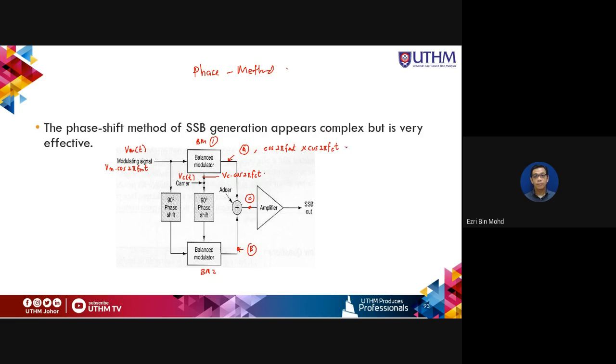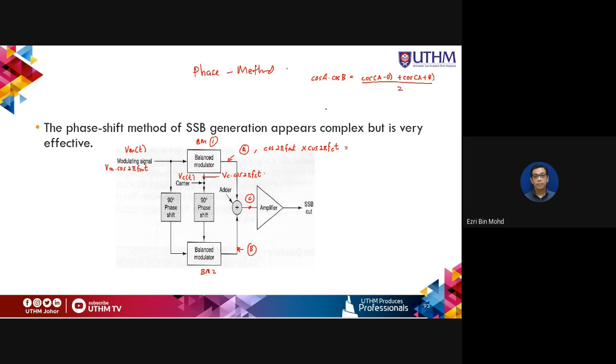So here by using a trigonometric identity, which is cos A cos B equal to cos A minus B plus cos A plus B divide by 2, right?